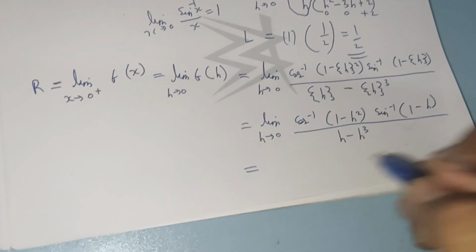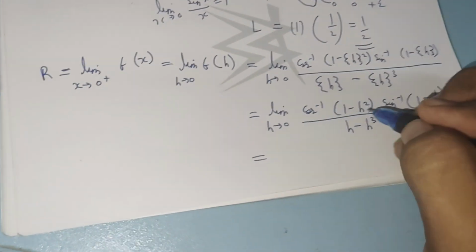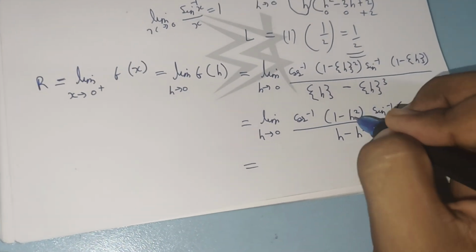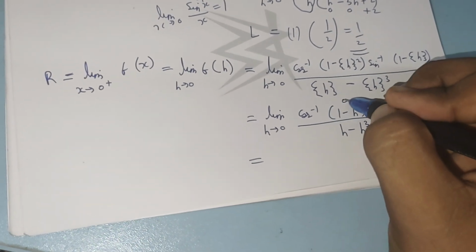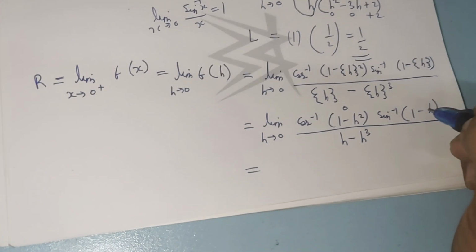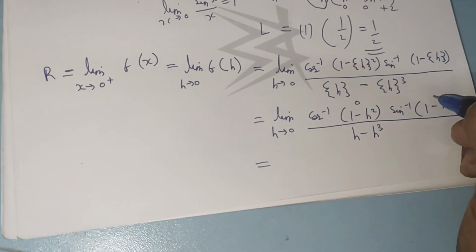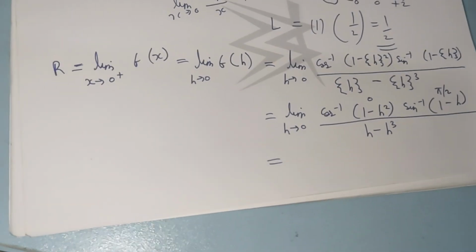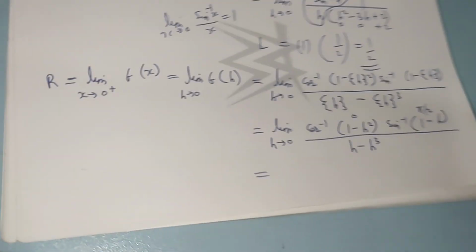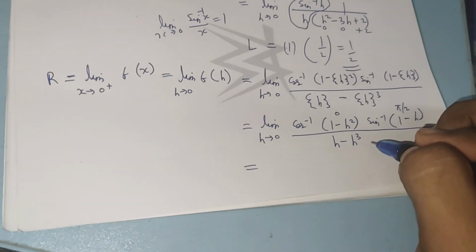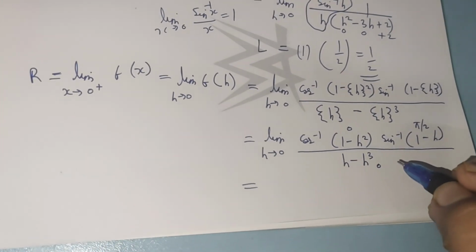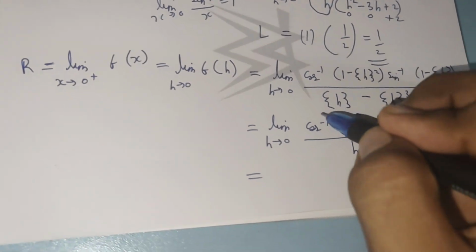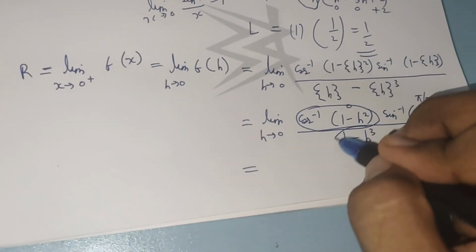So if I tend the h to be 0, this will be 1 minus 0, so cos inverse of 1 is 0, and sin inverse of 1 is pi by 2, and in the denominator I am also getting 0 minus 0, 0. So what is making my numerator and denominator an indeterminate form is this term and this term.